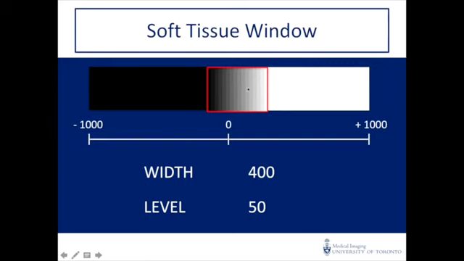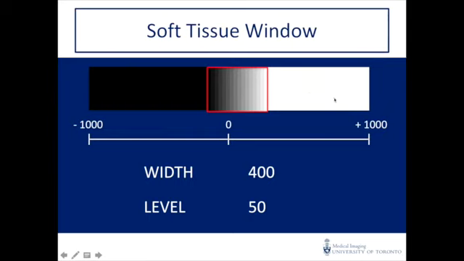Our eyes will now be able to pick up differences in density at this level because they're displayed as more different shades of gray. If there's something in the liver or the spleen, we have a better chance of seeing it with this window than the last one. Here the level is 50 and the width is 400. Everything below -150 is going to be black, and everything above 250 is going to be completely white.